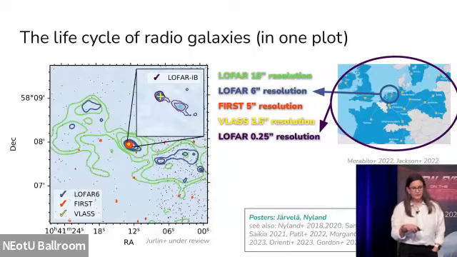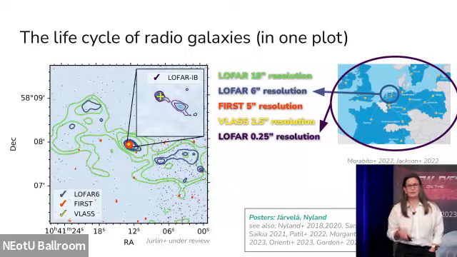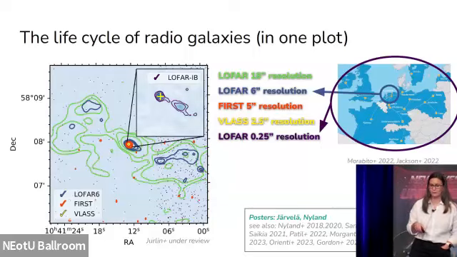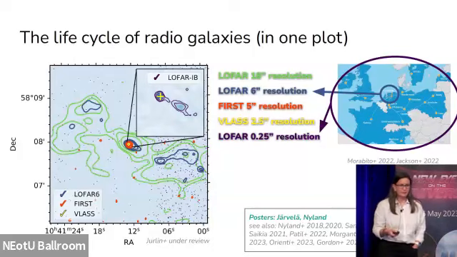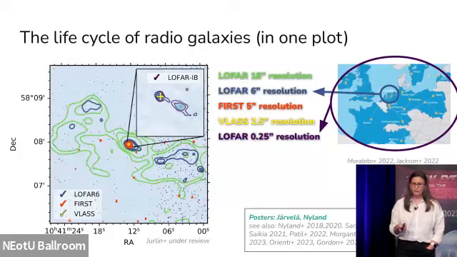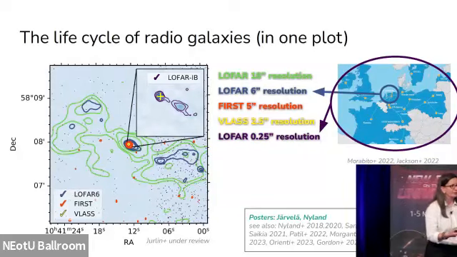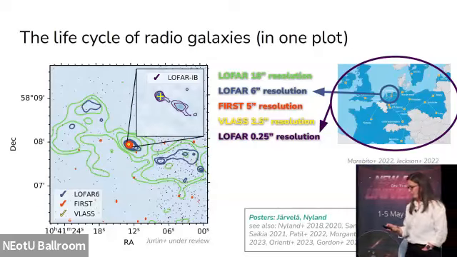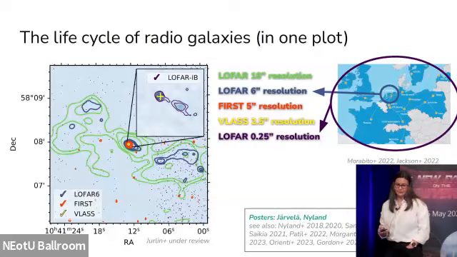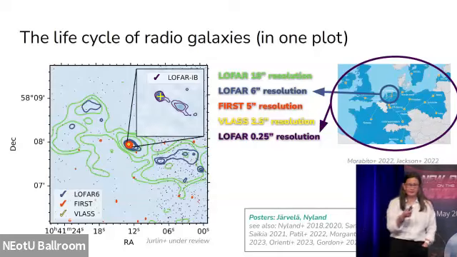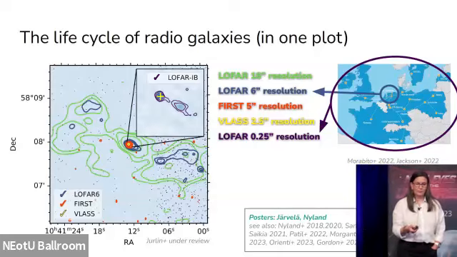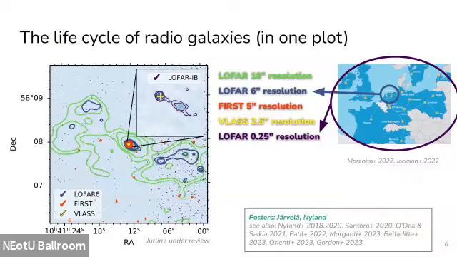So this jet is not related to the older structure that you see in the green and the blue. This is a completely new jet because this radio galaxy has turned back on. And it's only possible to see this now with using the full international array. But of course, the ngVLA will be able to get this kind of resolution routinely on these kinds of galaxies. So see also the posters by Christina and Amelia for more information on young radio galaxies.